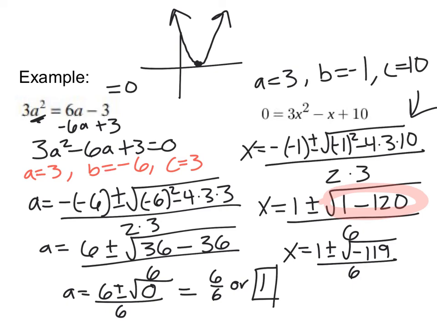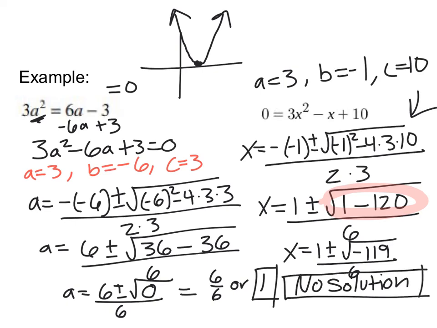Yuck. At that point, we say no solution. In a later class, you're going to learn that these are imaginary numbers. We've talked about that, and so you would say that there's imaginary roots. We're not doing that. We're just saying there's no solution. Once you end up with a square root of a negative, you are off the hook. You are done. You just need to have proved your work up to that point.